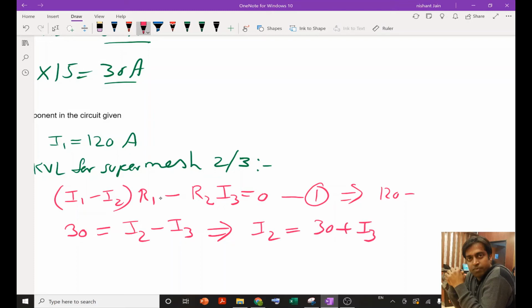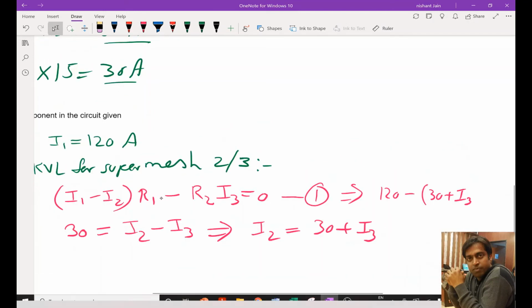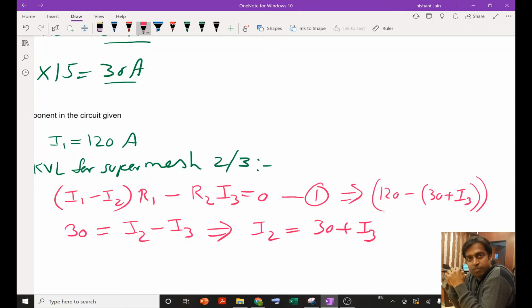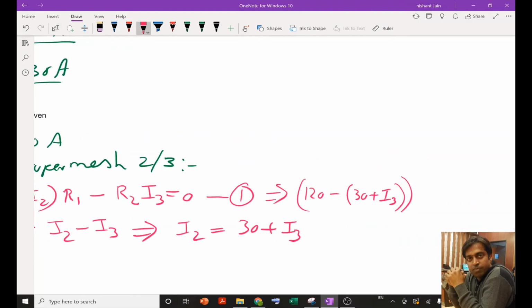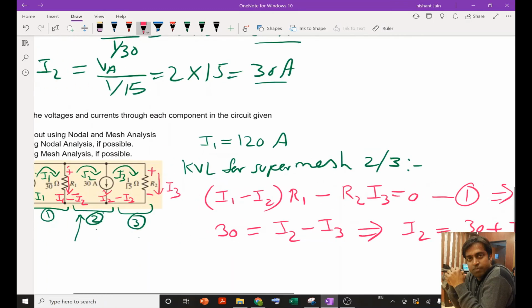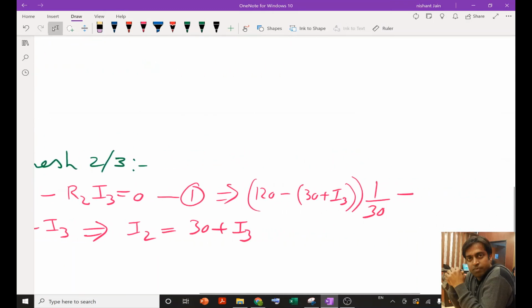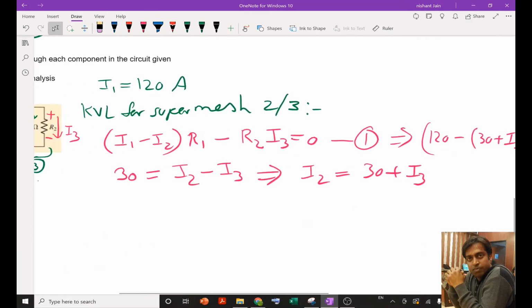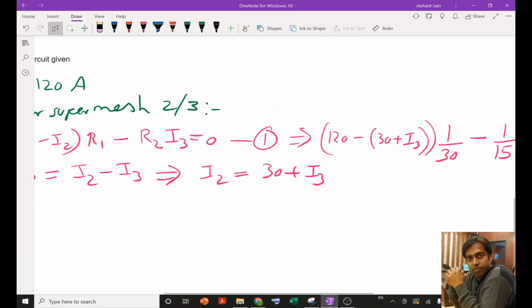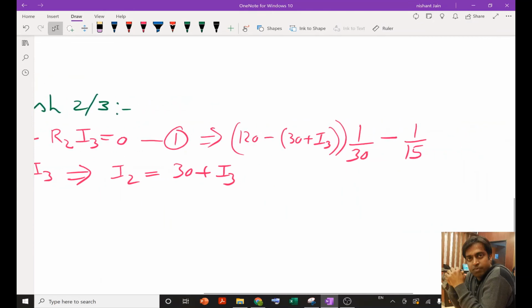So it will be 30 plus I3, and then the value of the resistance: R1 is 1 by 30, so 1 by 30, minus R2, R2 is 1 by 15, into I3. So I3 is unknown to us, so I put it as this.